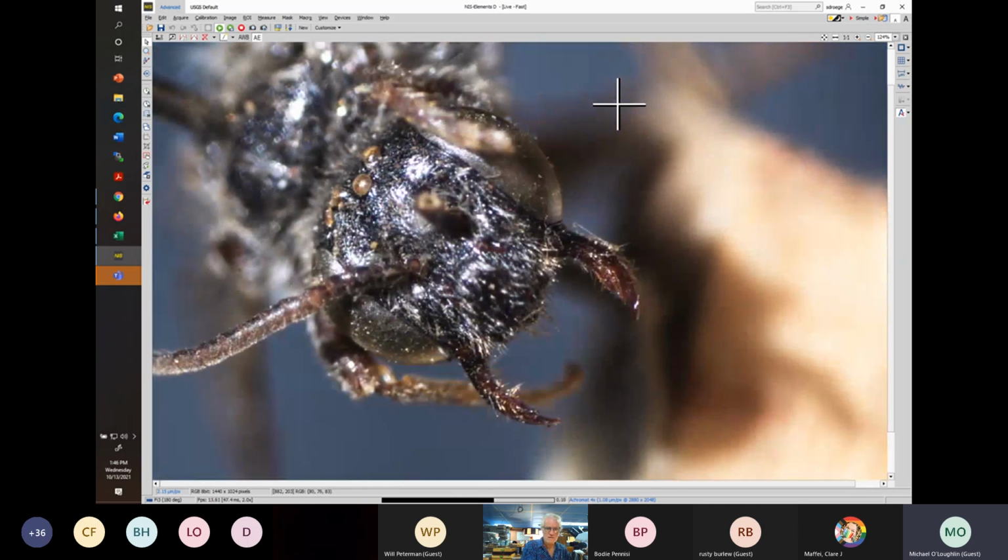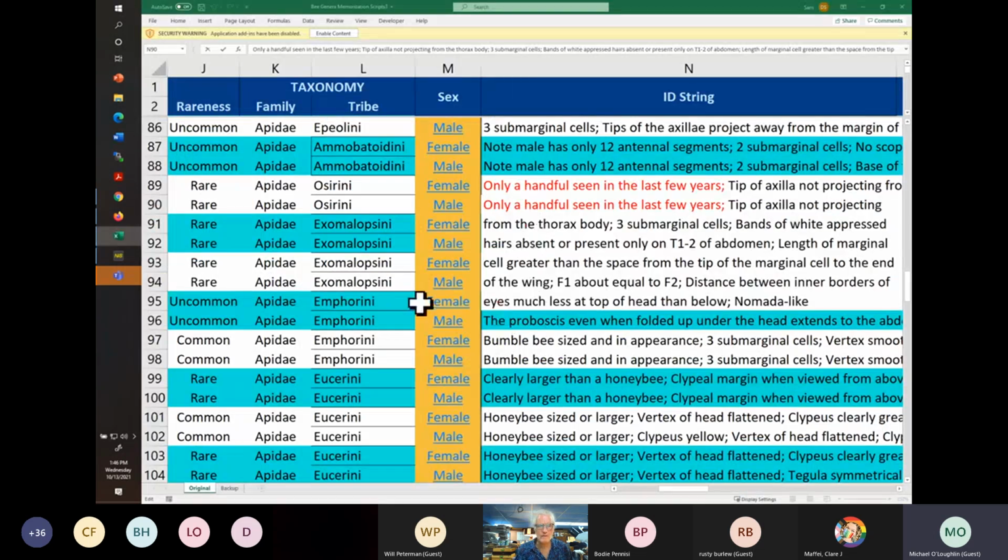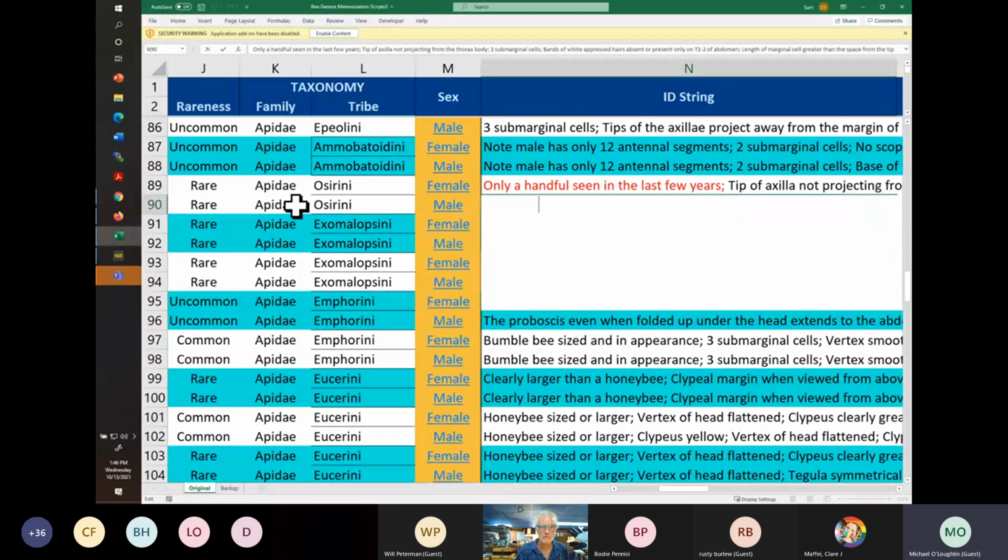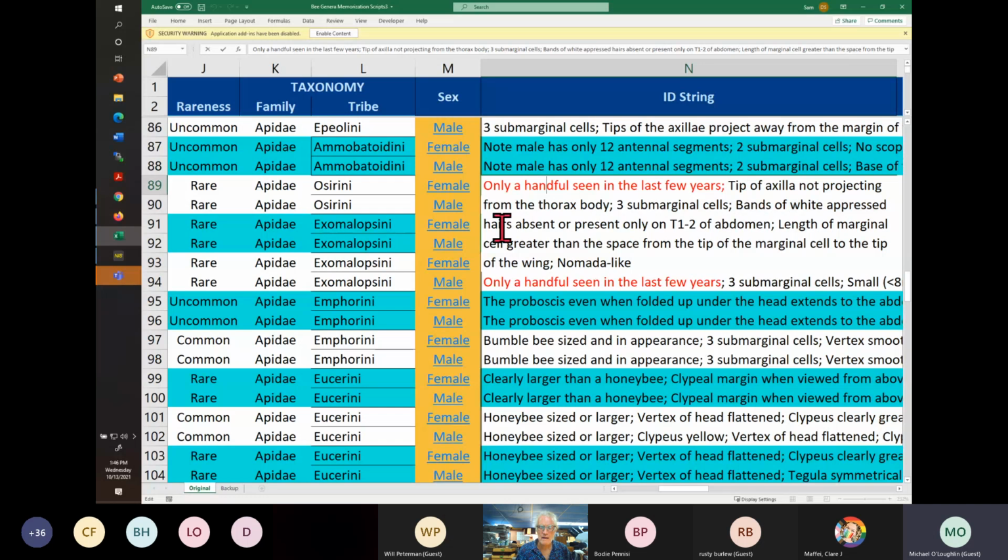Okay, here's the face. In this case, the female has pretty much parallel-sided eyes. Okay, but fairly large and enlarged ocelli. What do we have here for the female? Axilla not projecting, 3 submarginals, bands of white appressed hair absent or present only on T1 and T2. I don't really like that one.